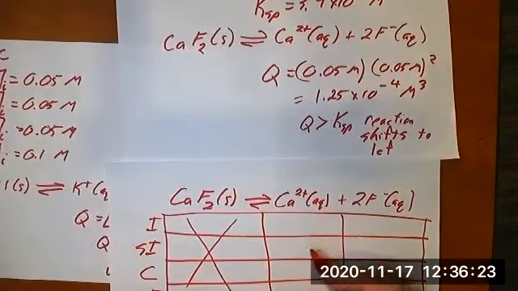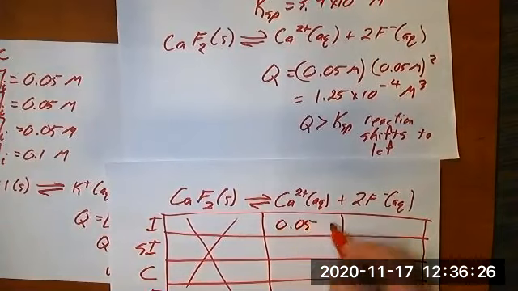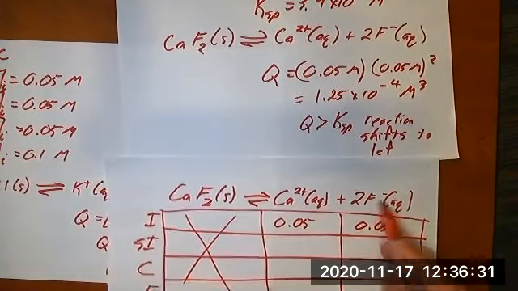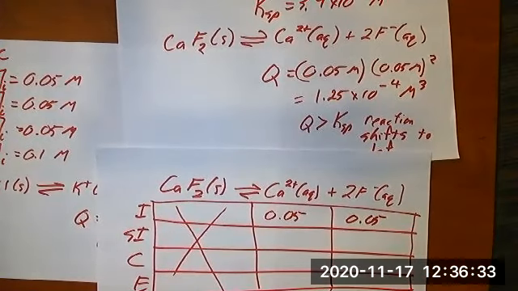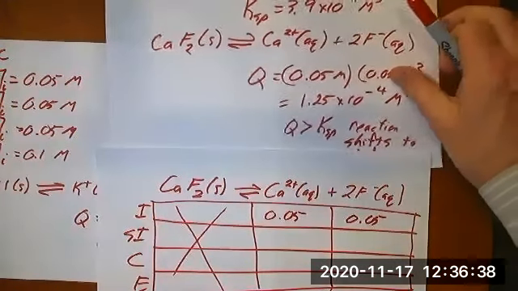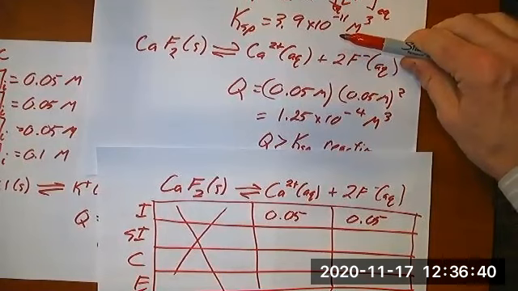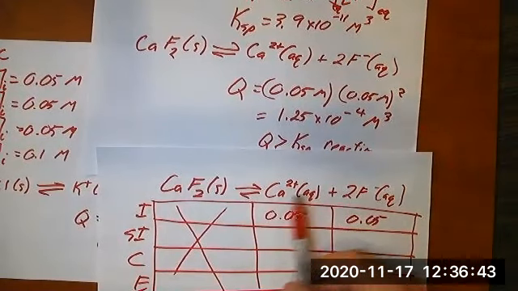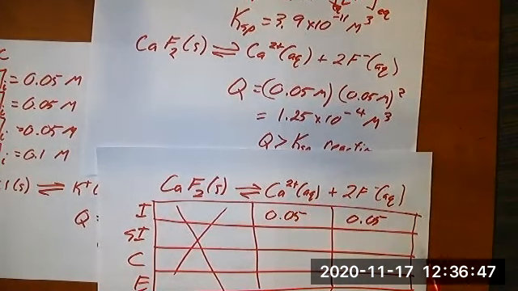We know that we are starting with 0.05 molar calcium and 0.05 molar fluoride. Now, we suspect, based on how tiny the equilibrium constant is, that there's probably not going to be much of this left in solution. So it makes sense to shift the equilibrium as far to the left as possible so that we're starting close to equilibrium, and then let it correct back with the x's in the change line.